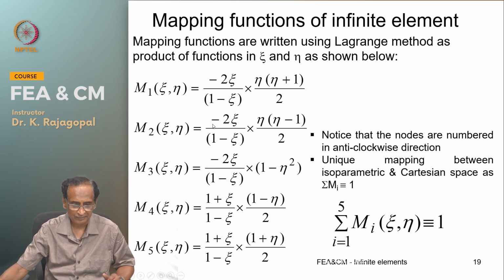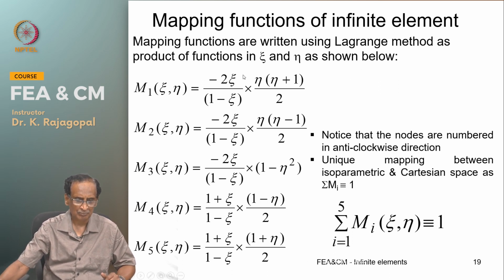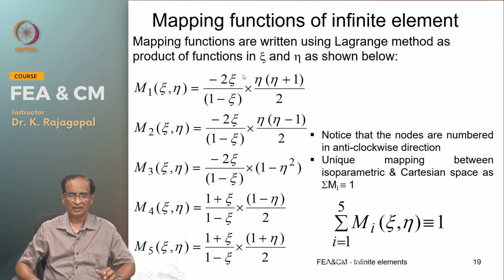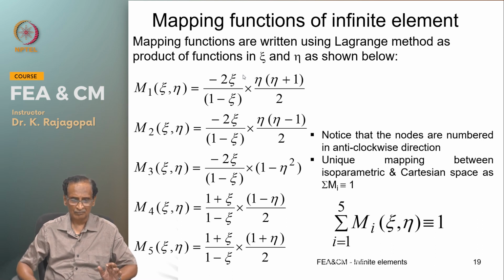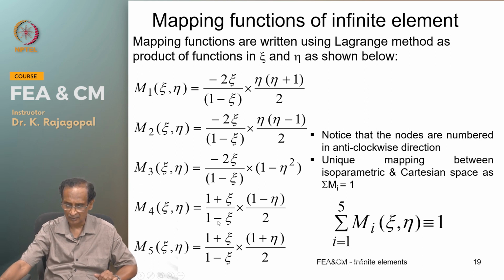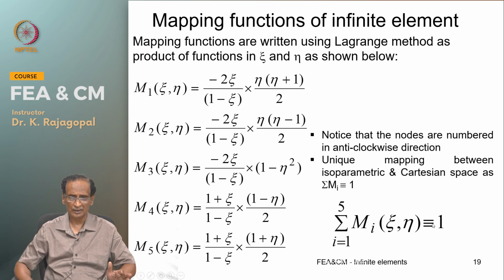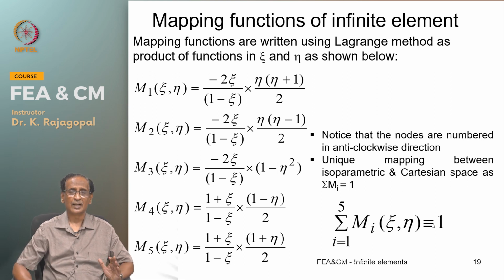And although we got these mapping functions directly by using the Lagrange method, we see that our sigma of mi is exactly equal to 1, and actually that is very simple to notice, because the mi's are 1 at their own nodes.